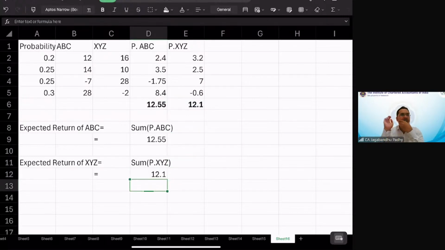I'll give you maybe 3 or 4 minutes to calculate the standard deviation of these 2 securities, guys.